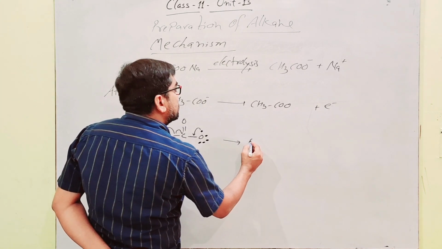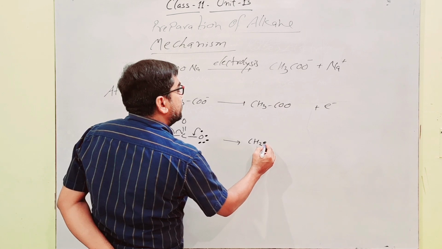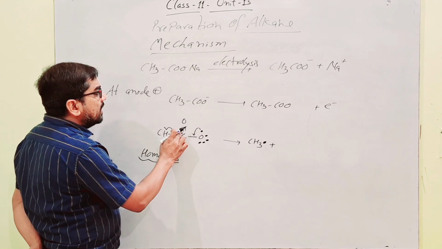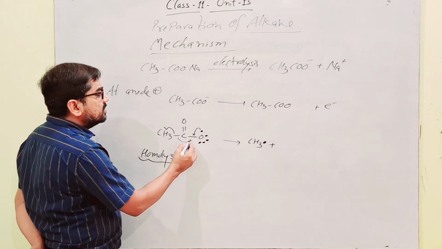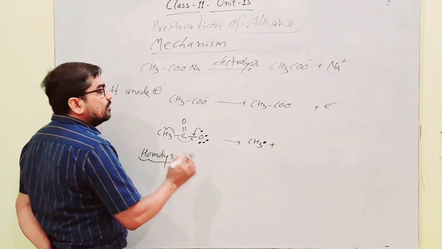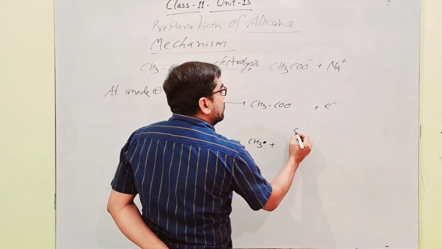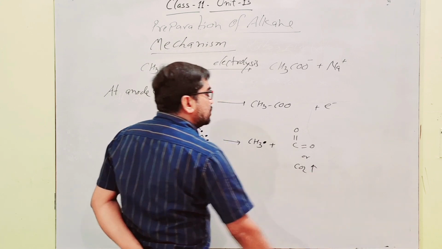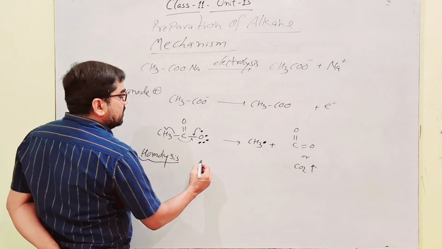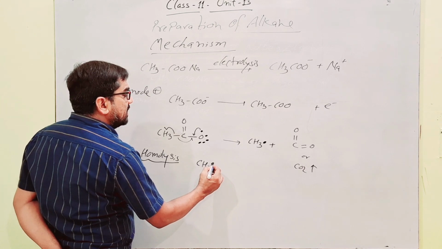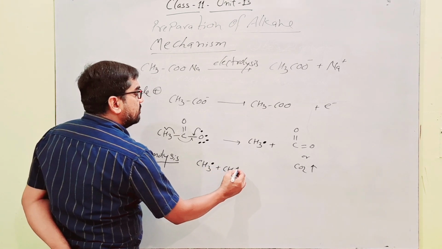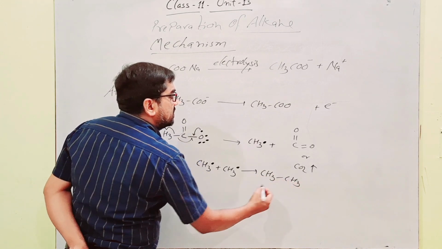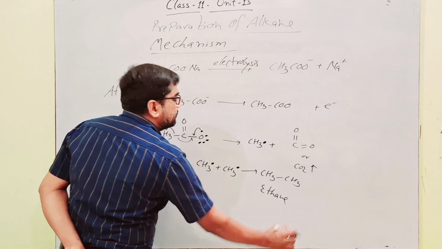Now the CH3 free radical, methyl free radical, plus this electron, and under homolysis this electron makes a double bond, so C double bond O, or we can note it as CO2. The two methyl free radicals, which are highly reactive in nature, get combined and result in CH3 single bond CH3, ethane.